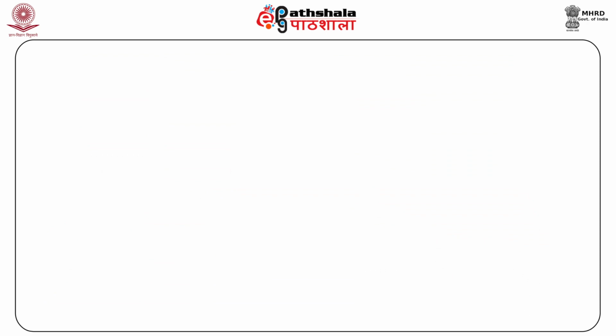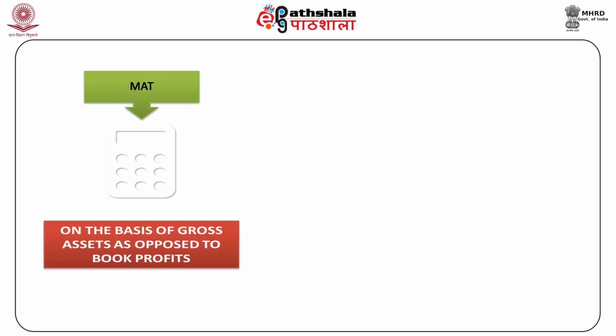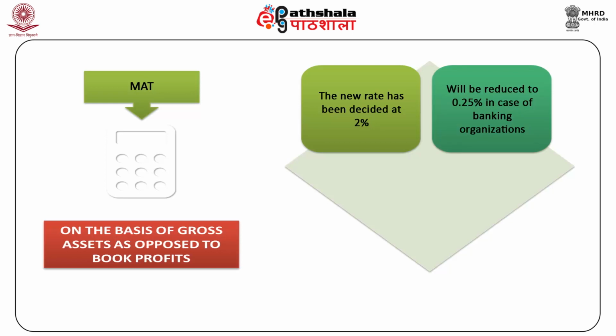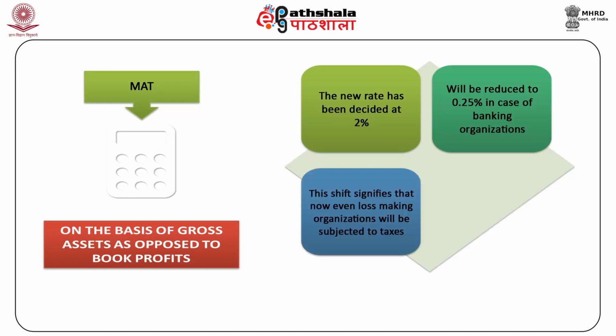From 2011-12 onwards, minimum alternative tax will be calculated on the basis of gross assets as opposed to book profits. The new rate has been decided at 2%, which will be reduced to 0.25% in case of banking organizations.